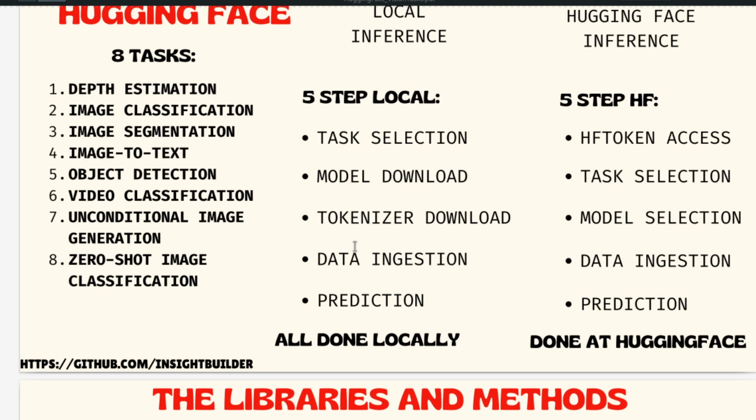At the end of the day, all these models are there for a purpose, and that purpose is to solve a problem. It's not going to be a solve-all model. It cannot do that. So every task has different models.